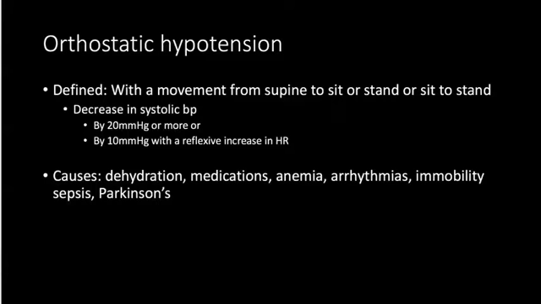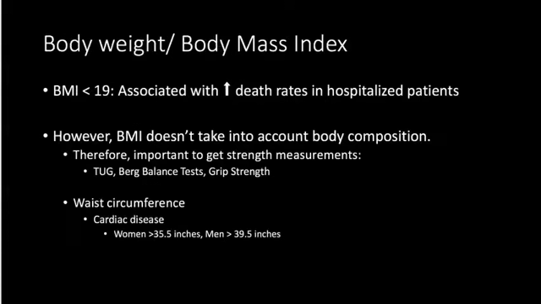You would see a decrease in the systolic blood pressure of 20 millimeters of mercury or more, or a decrease of just 10 millimeters of mercury with a reflexive increase in the heart rate. So you need to take a look at both. Some of the causes: dehydration, medications, anemia, arrhythmias, immobility, sepsis, or Parkinson's.